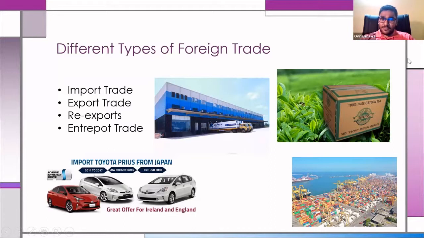So can I get a quick confirmation that you are clear on the re-exports and entry port trade? Yes, others? All right, great.